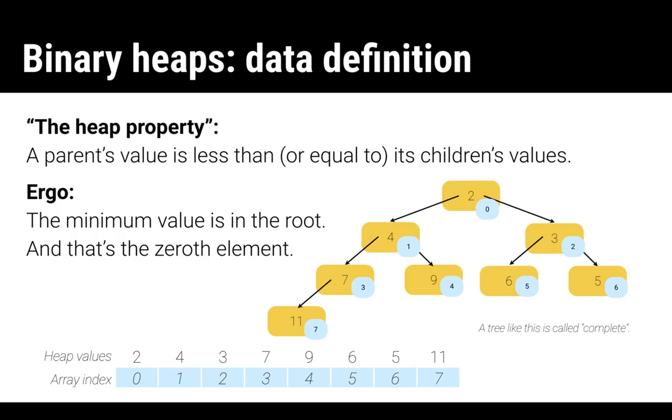Instead, smaller things are on the top and bigger things are further down. And if every time we go up, the parent is smaller than the child, then the smallest thing must be the root of the tree. And since the way this tree is stored, the root is always node 0, we know that the smallest thing in the heap is always at array index 0 in our storage, which is kind of neat.